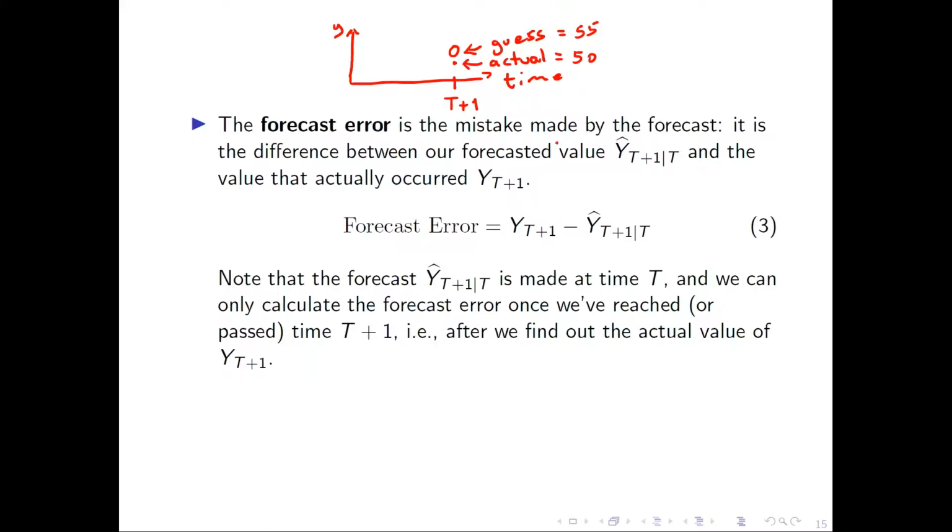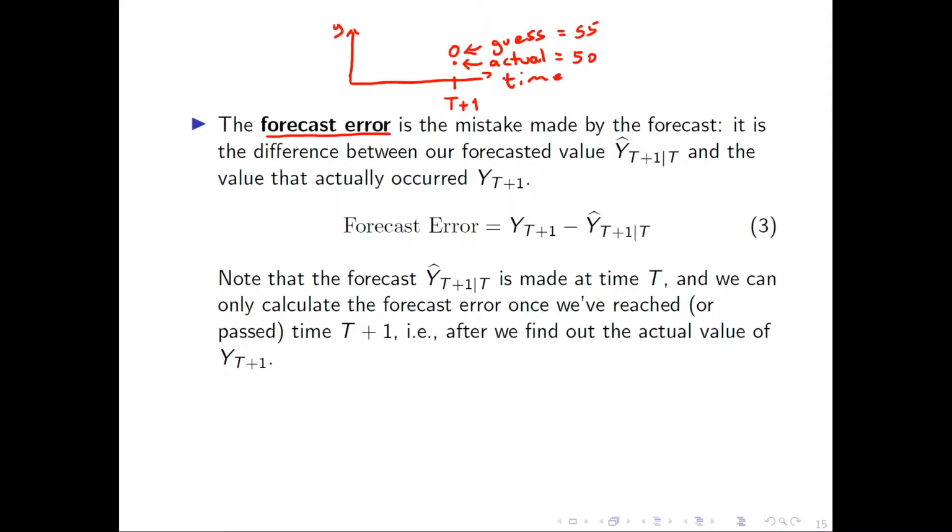In this case, we have made a forecast error. And the forecast error is the difference between our forecasted value of 55 and the actual value of 50.